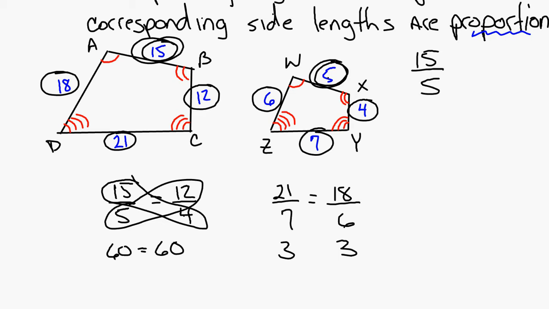The scale factor of polygon ABCD to polygon WXYZ is 3 to 1, because all of the corresponding sides were in the ratio of 3 to 1. The big shape was 3 times bigger than the little shape. So the ratio of the corresponding sides is called the scale factor.